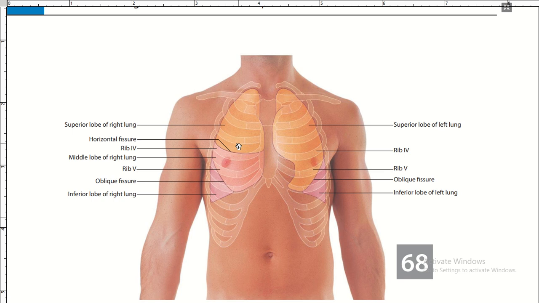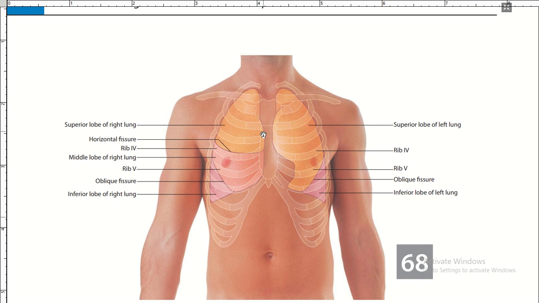So in terms of breathing, we have two phases: inspiration and expiration. Inspiration is further divided into quiet inspiration and deep inspiration. Let's go to quiet inspiration. In quiet inspiration, the major muscle for inspiration is the diaphragm.